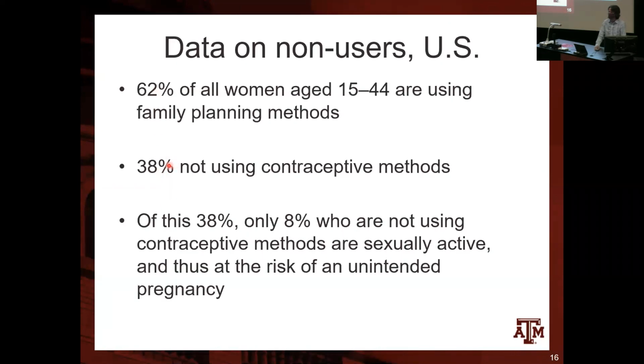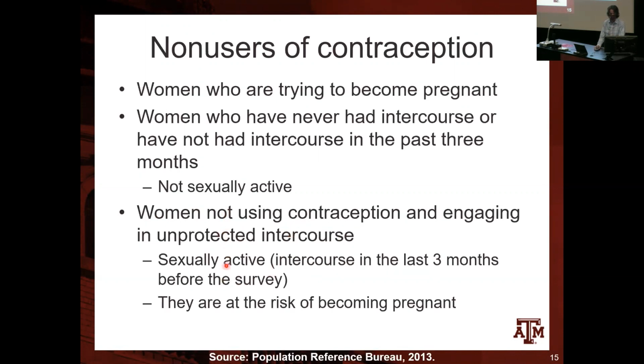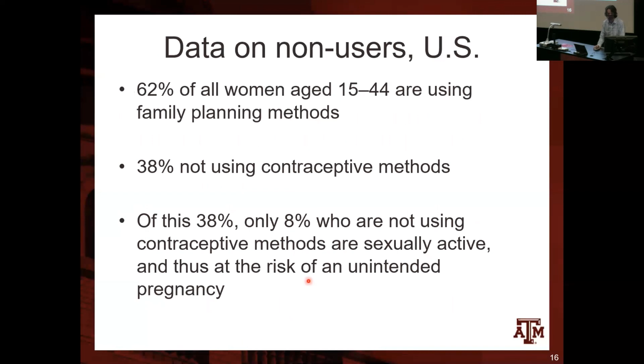Out of these 38%, only 8% who are not using contraceptive methods are sexually active and thus at risk of an unintended pregnancy, and they said that they don't want to get pregnant. So they are at risk of an unintended pregnancy.